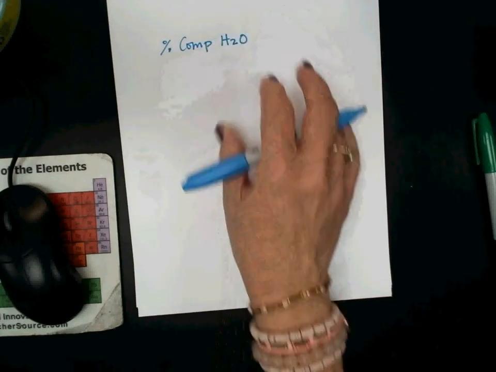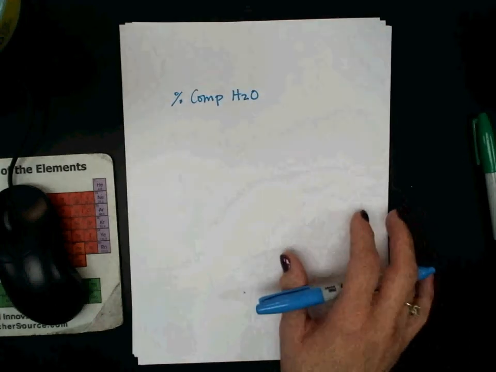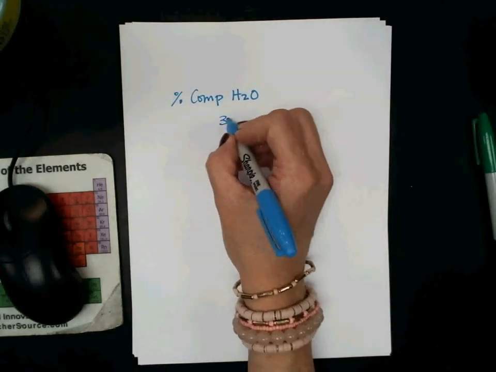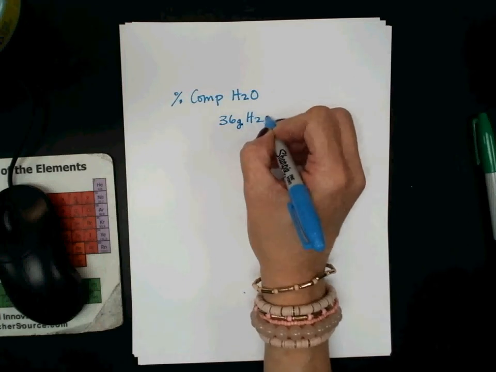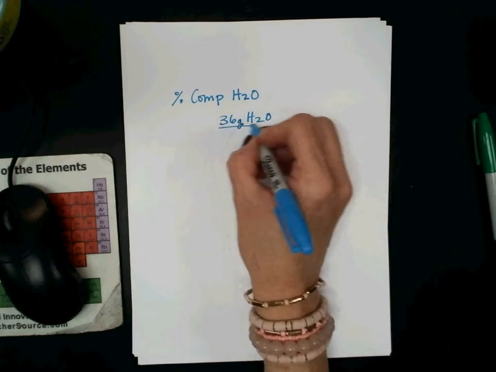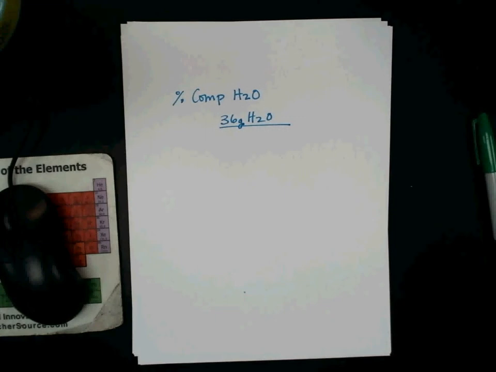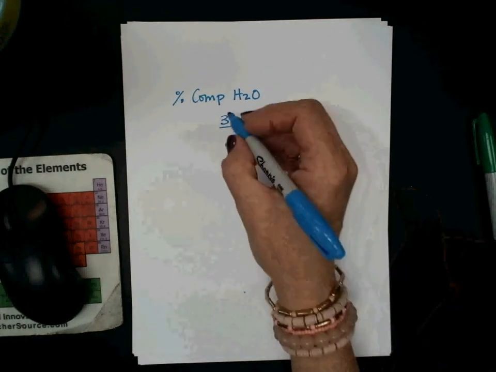We can see it. There you go. So I had 36 grams of H2O out of my whole sample, which was, what was it, 165.9.